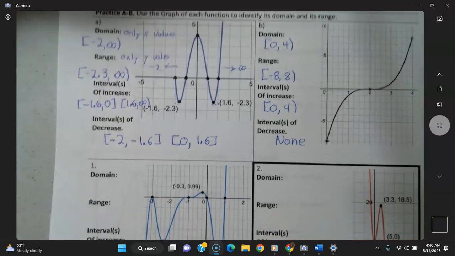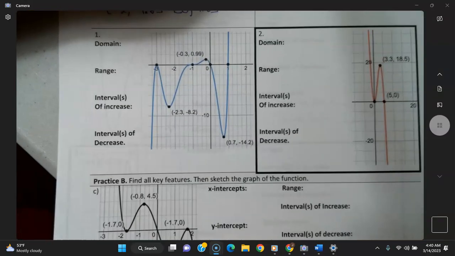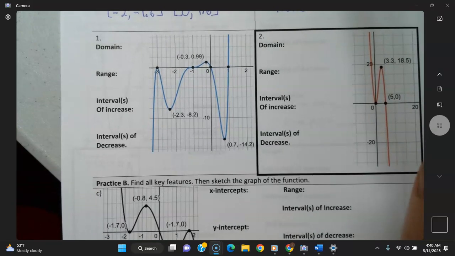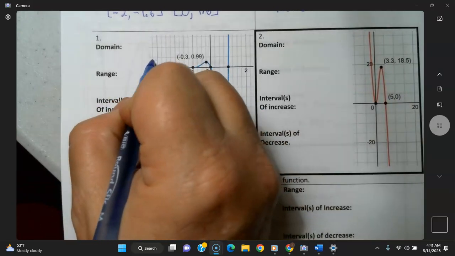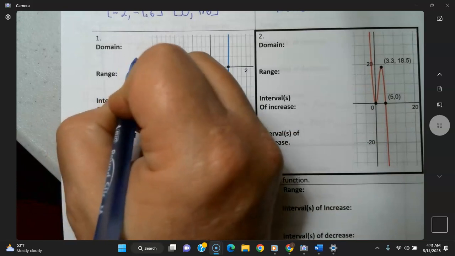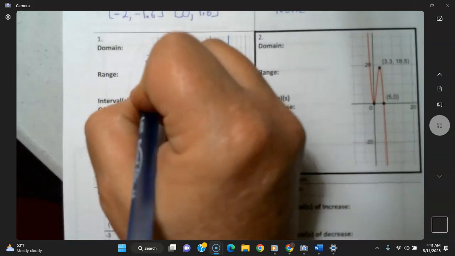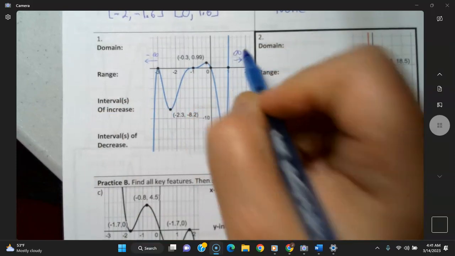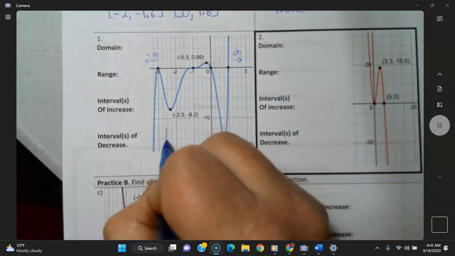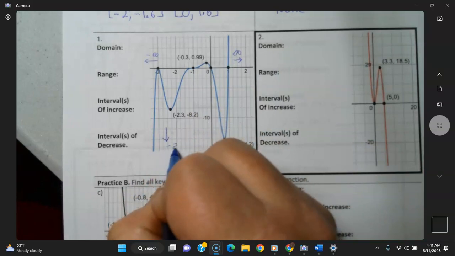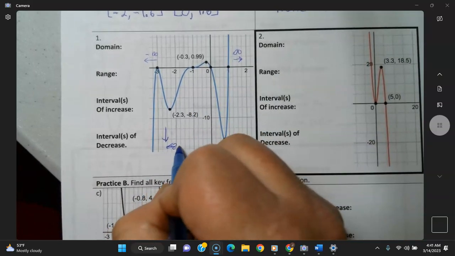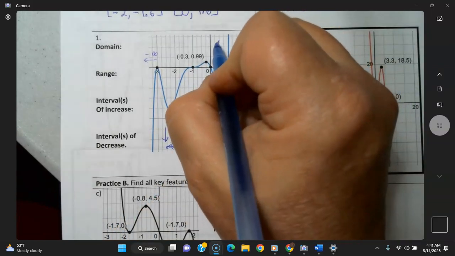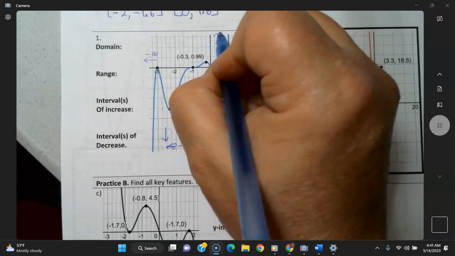All right, let's keep going on this. Okay, so this one's a little bit crazy. So the domain, in this direction, it's -infinity, and in this direction it is infinity. In this direction down, it's -infinity, and going up here, it's +infinity also.